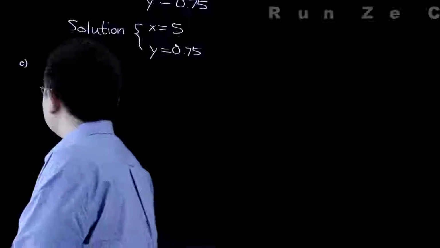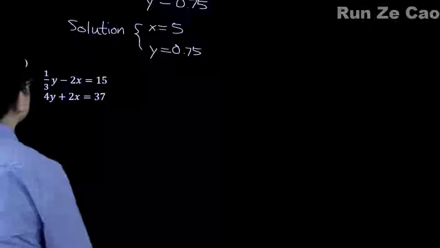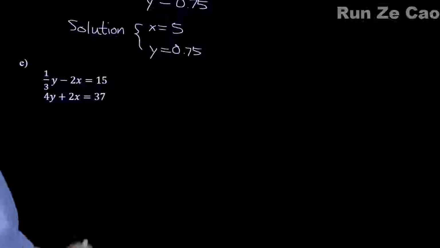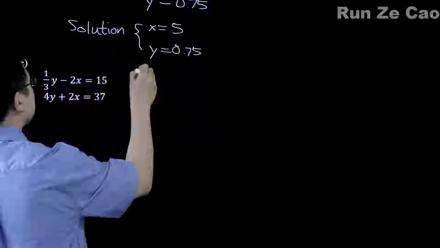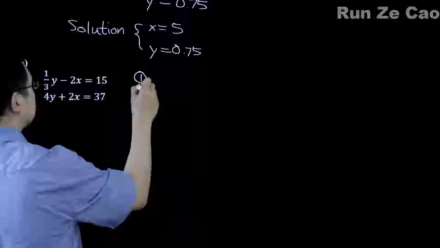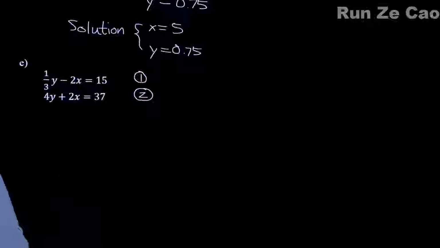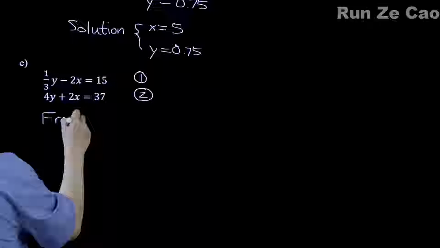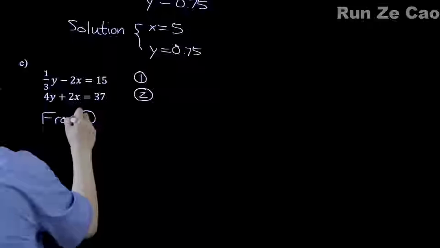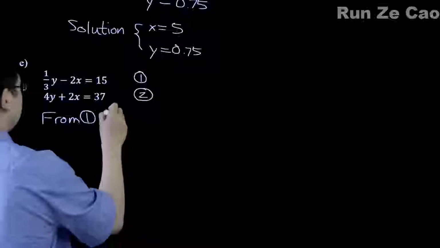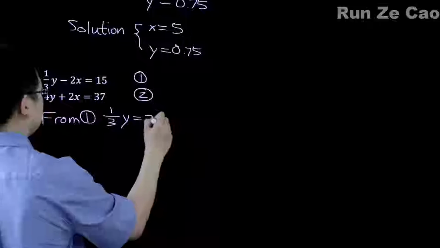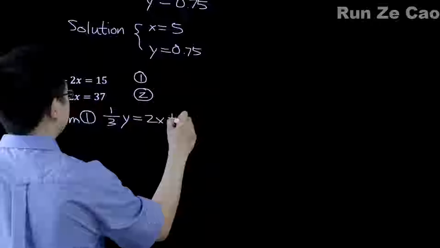This problem would be much nicer to do if we used elimination instead. But since we're supposed to use substitution, what can we do? So we can have, from 1, 1/3 y equals 2x plus 15.